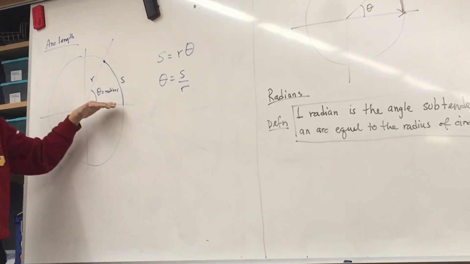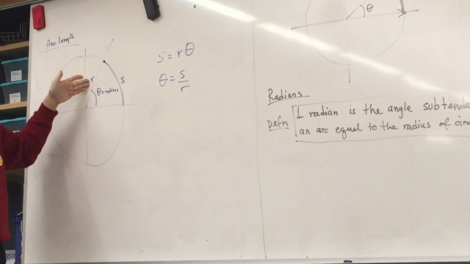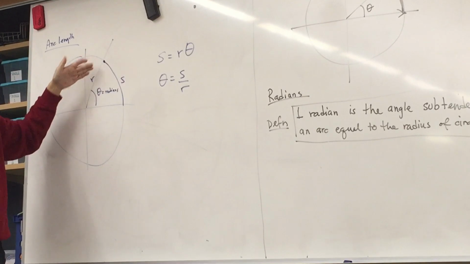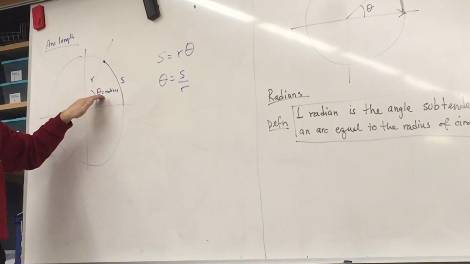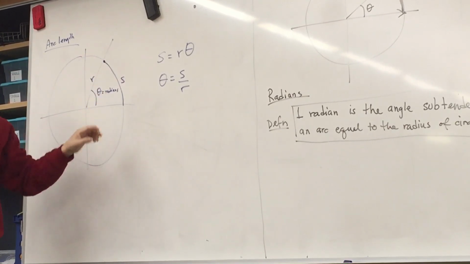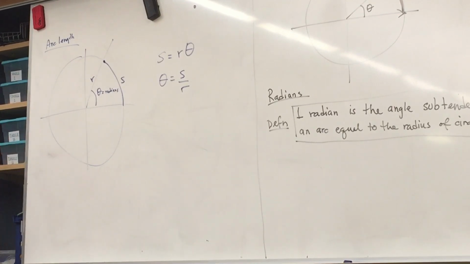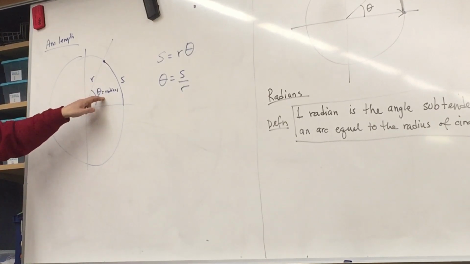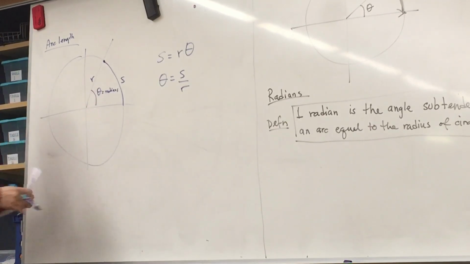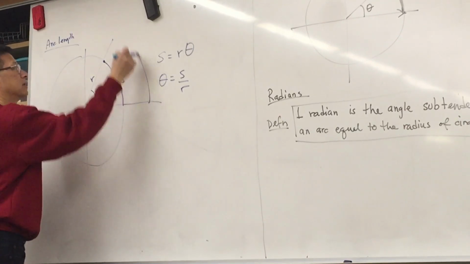The arc length here is the radius times the angle when it's measured in radians. And that means you can also convert degrees to radians. So the arc length scales with the radius.